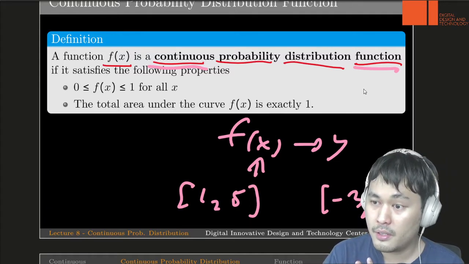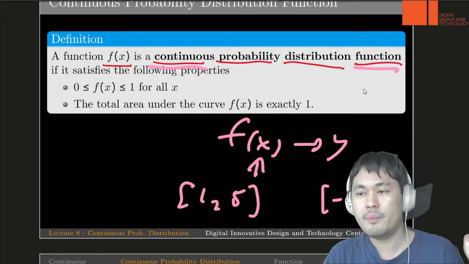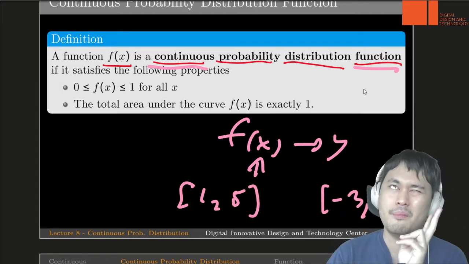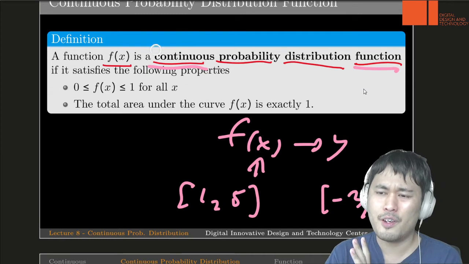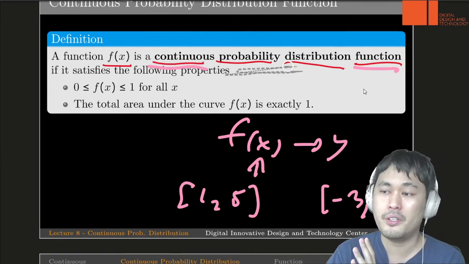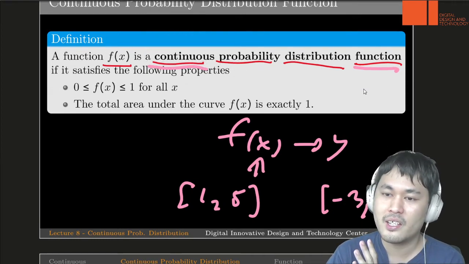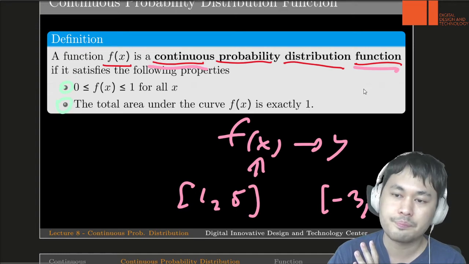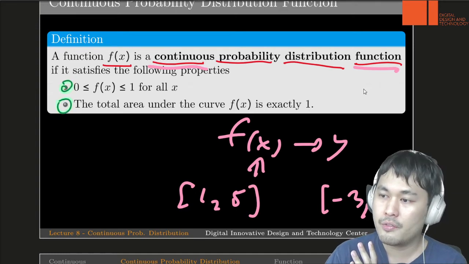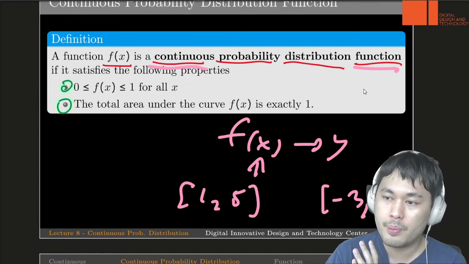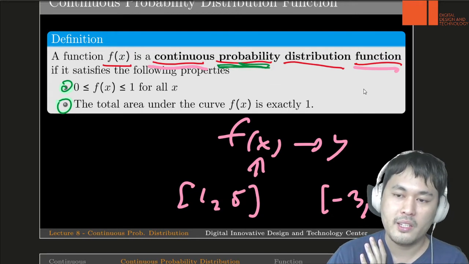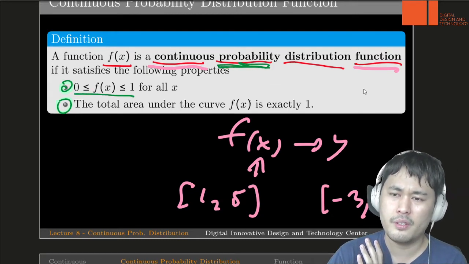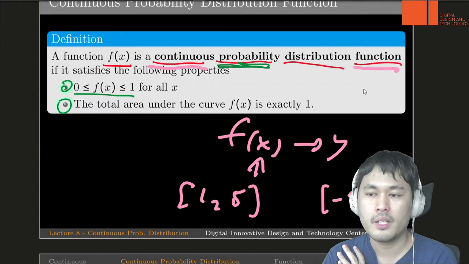And what are the other two? If you remember from 2 weeks ago, for the discrete part, this word means 2 different things, which are these 2 conditions.